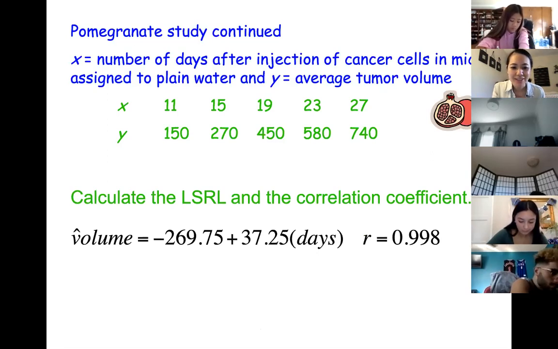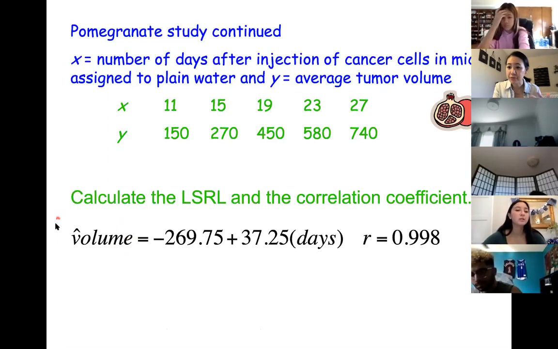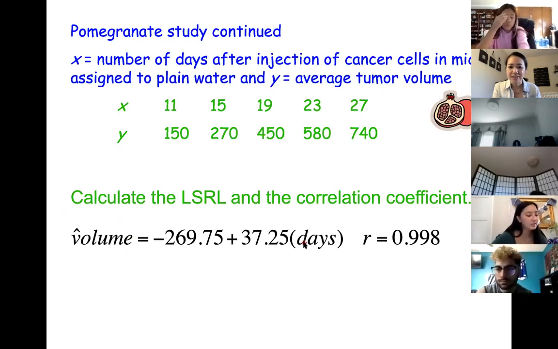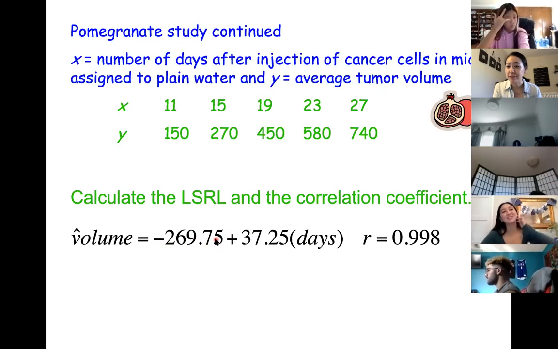Why I like doing this is it gives you automatic context points. So we have volume of the tumor for your y, days for your x, slope is positive 37.25, and y-intercept is negative 269.75.